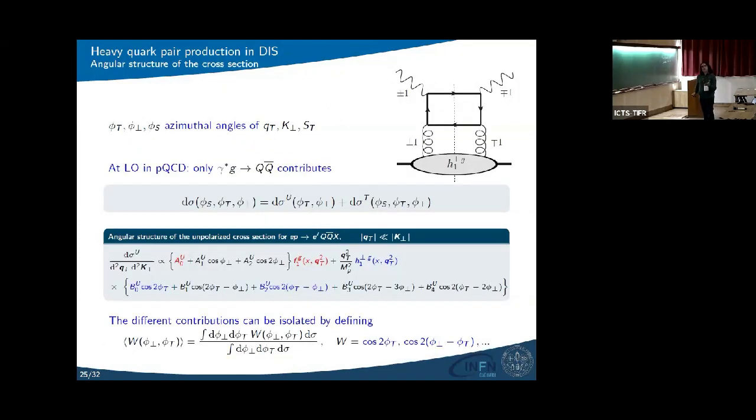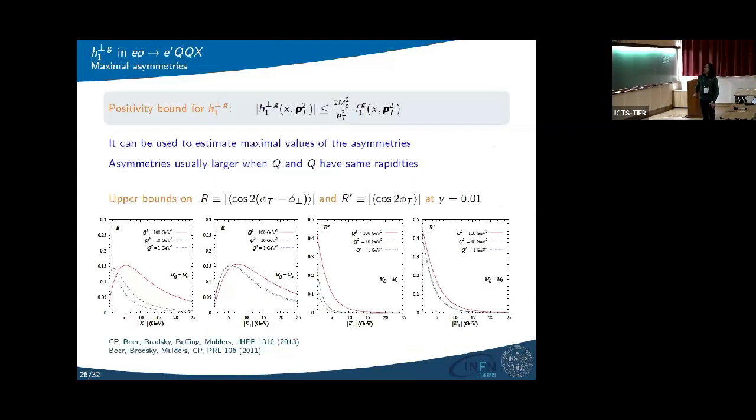So this is very similar to seeing this process for quarks. We have different modulations, and you can access all of them, and each one of them will probe different convolutions of TMDs. The same applies here. So we can separate these contributions and access for the unpolarized cross-section either f1 or h1 perp.